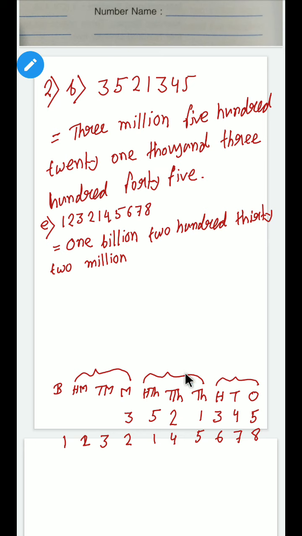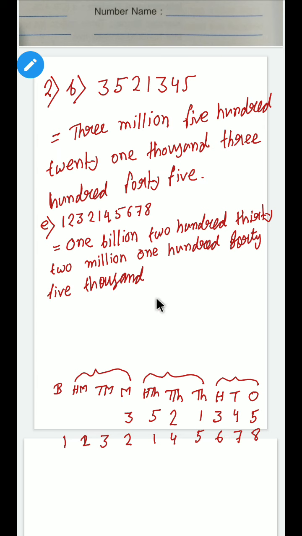Then 145 belongs to the 1000 room. Then write 145,000. Then 678 belongs to the ones room.